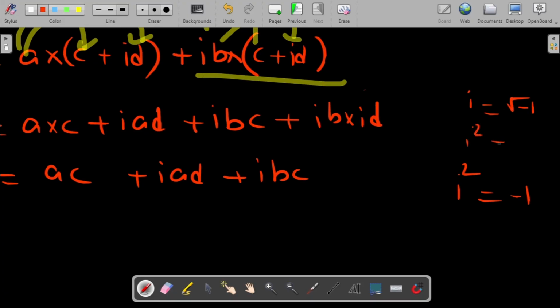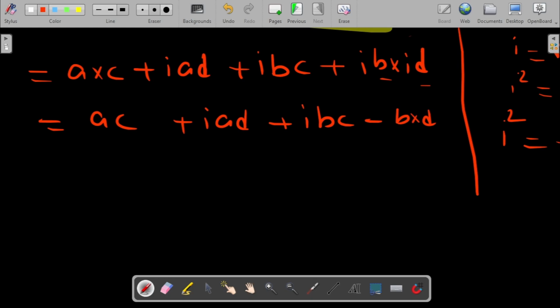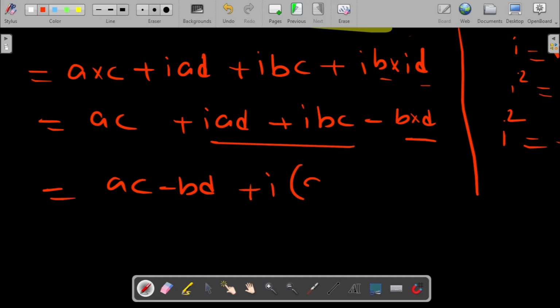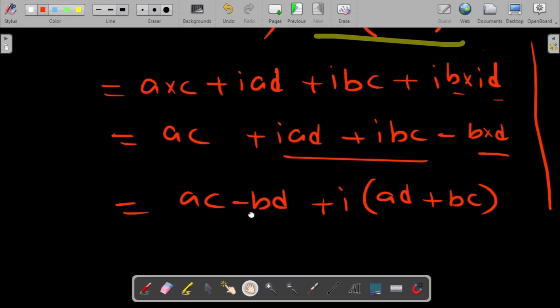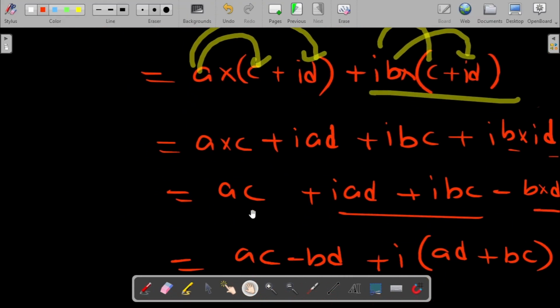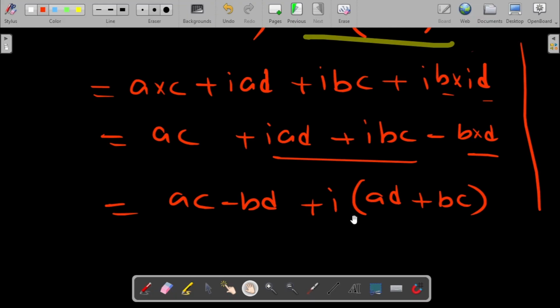So I take i squared equal to minus 1, and B multiplied with D gives minus BD. Next, taking i common, I get i(AD plus BC). So Z1 multiplied with Z2 gives AC minus BD plus i(AD plus BC).